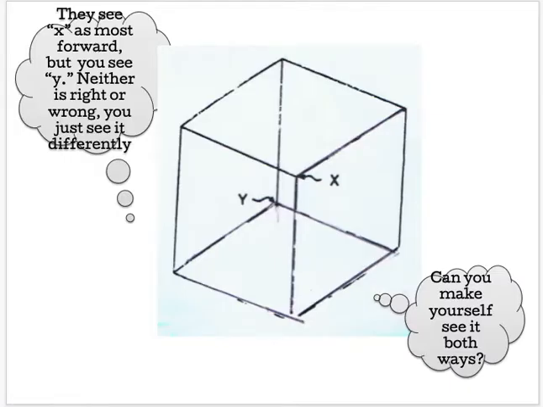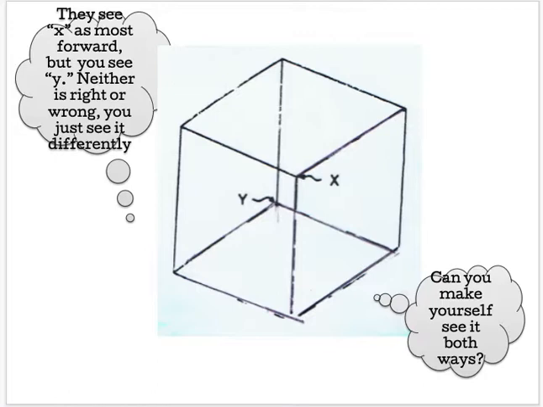They see an X as most forward, but you see the Y farther forward. Neither is right or wrong, you just see it differently. So can you see it where the X is in the front, or can you see it where the Y is in the front?